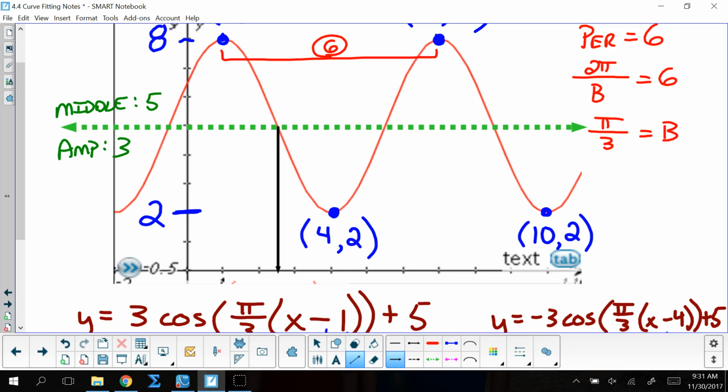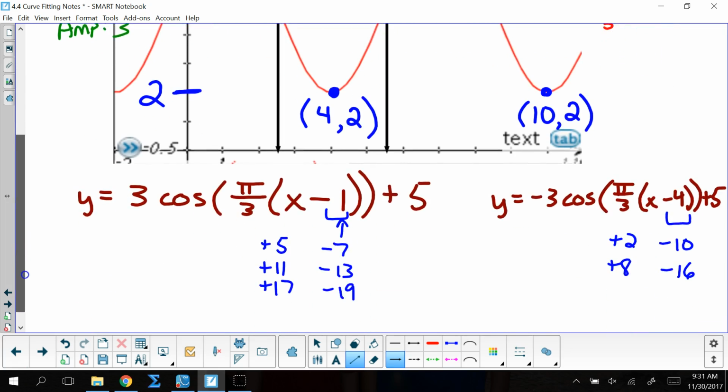In this case, cosine is easier because we have the peak points and the valley points. The middle points, not necessarily the best. Okay, so I could go here, and so 4, 5, 6.